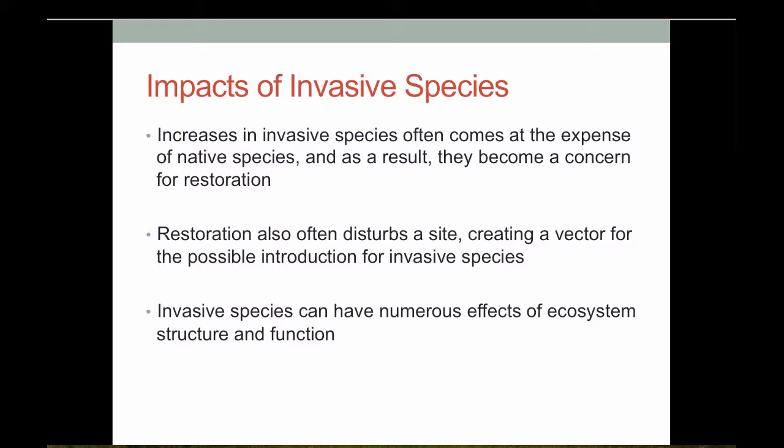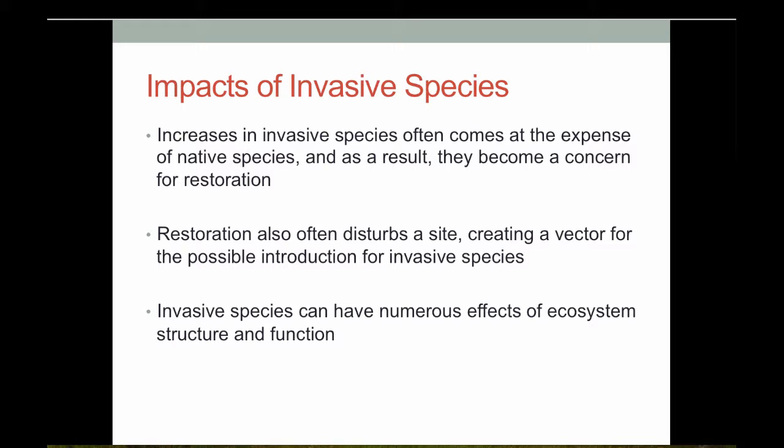Those areas you're going to have to disturb heavily to restore back to a grassland. So you're going to disturb the site, you may disturb it considerably, and as a result you're going to create an introduction vector for invasive species.